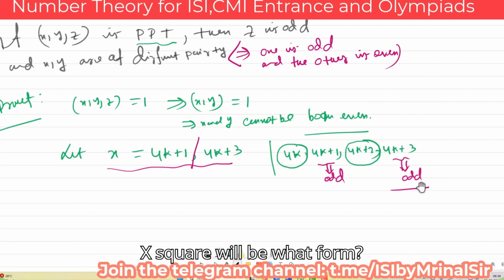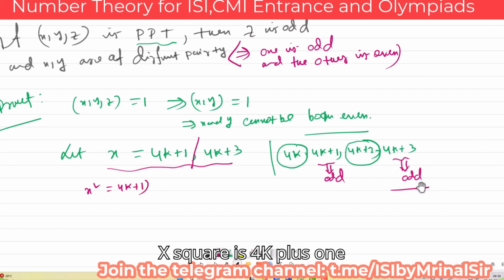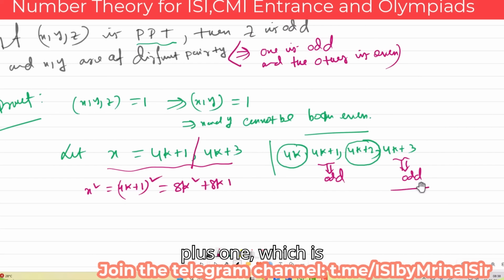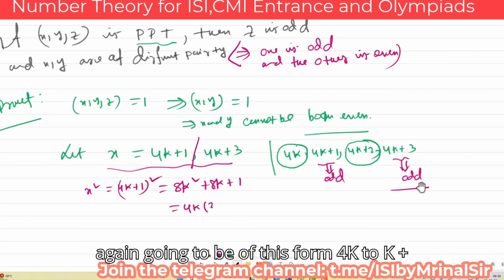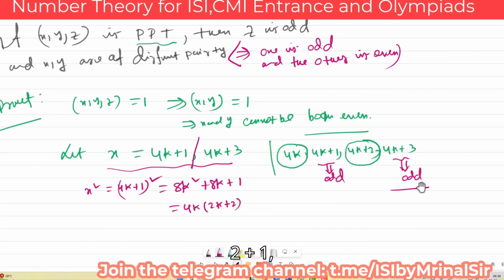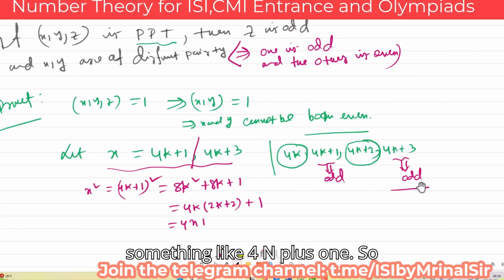Then x square will be of what form? x square is (4k plus 1) whole square. This you can write as 16k square plus 8k plus 1, which is again going to be of this form, 4 into (4k square plus 2k) plus 1. Isn't it? This is of the form something like 4n plus 1.